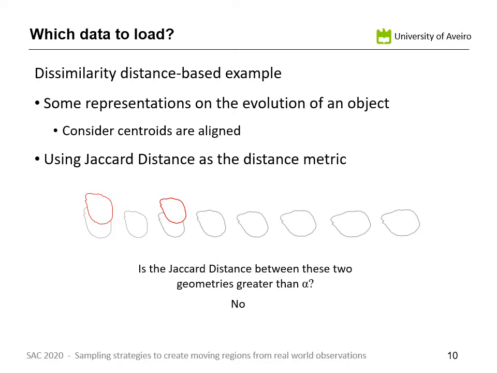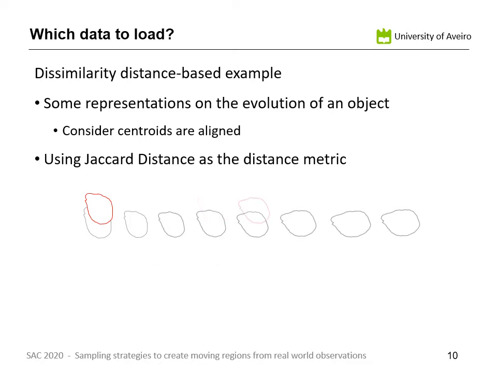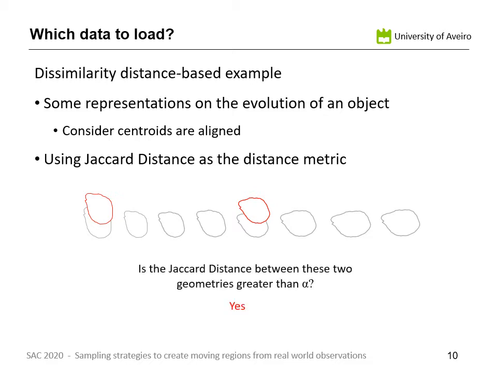Then, we compare observations number 1 and number 4 and still get an acceptable value for the dissimilarity distance. But the dissimilarity distance between observations number 1 and number 5 is considered too large. It means that the fourth observation should be selected, as it has an acceptable distance to the first one.